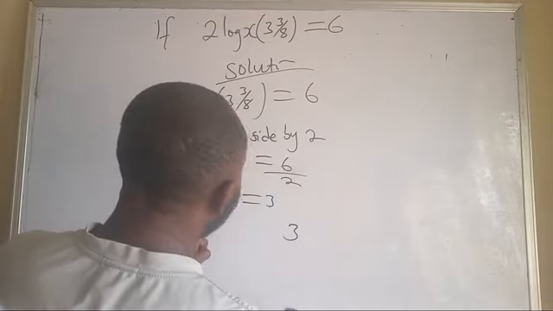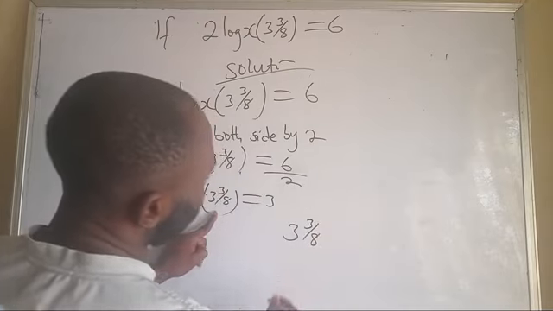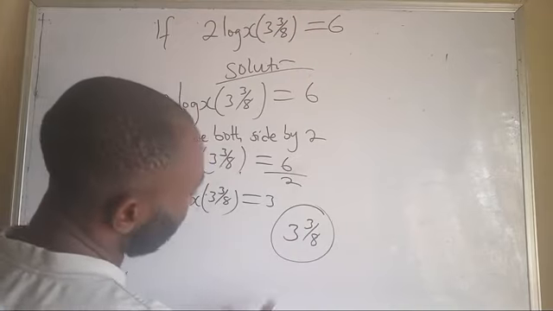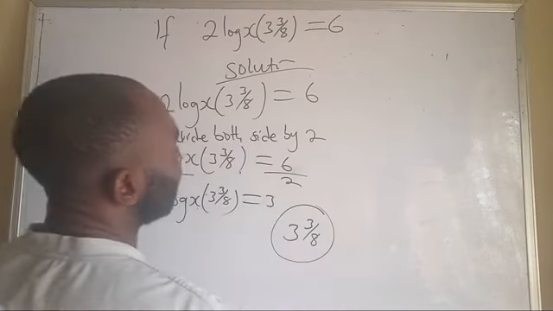With this, we know that 3 3/8 is a mixed fraction. When you have a mixed fraction this way, you take the whole part, multiply it with the denominator, and add the numerator, all over the denominator.